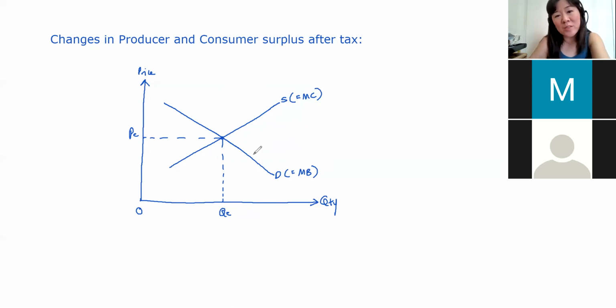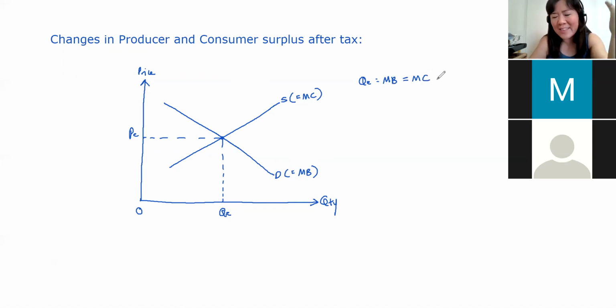Why do I want you to see it this way? Because when left to the free market, the equilibrium output, QE, is derived where supply equates demand. Where supply intersects with demand, it also gives us MB equals MC, where marginal benefit equates marginal cost.